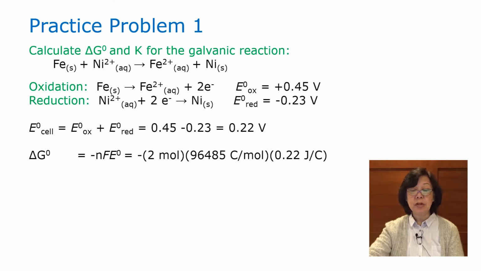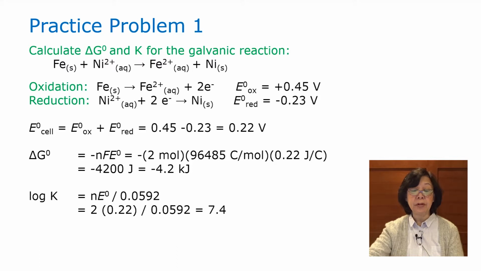The Gibbs free energy is minus nF E0, so we insert 2 moles of electrons, Faraday's constant, and the cell voltage, 0.22 volt, which is also 0.22 joule per coulomb. It's calculated as negative 42 kilojoules. Now the log of K is equal to n E0 over 0.0592.